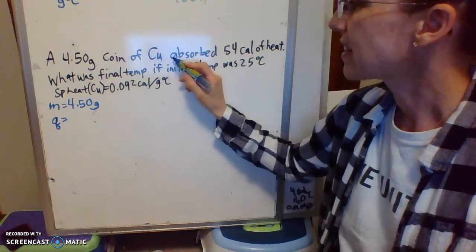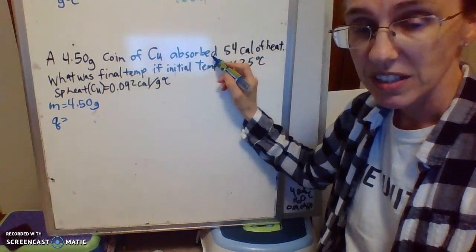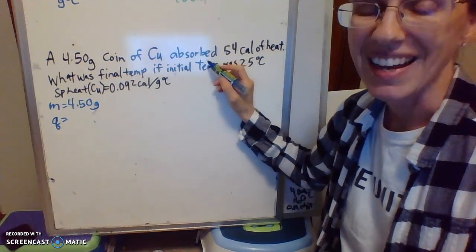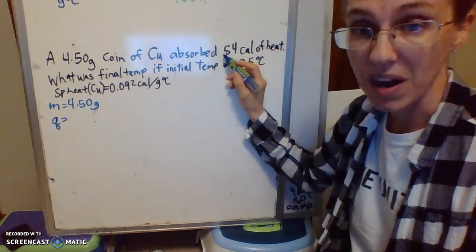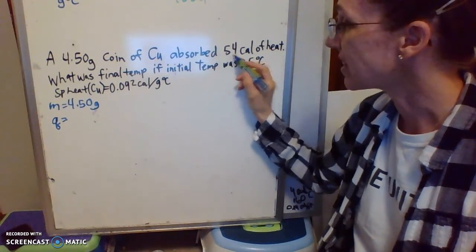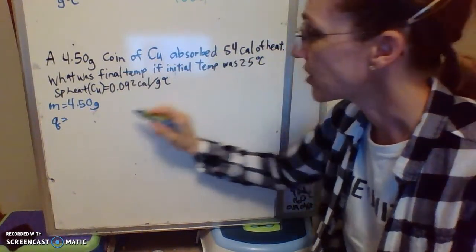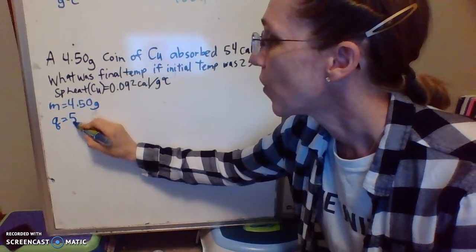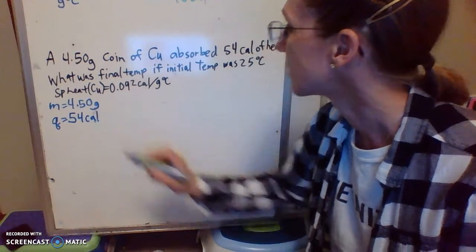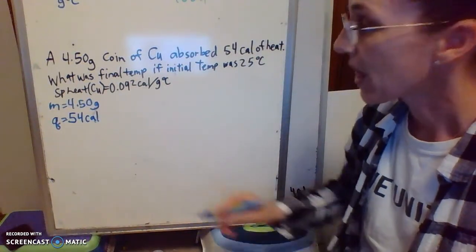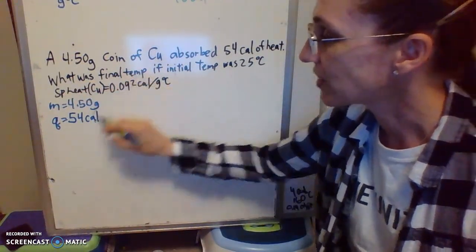And the fact that it absorbs means that it's an endothermic reaction. And so our Q has to be positive. So when I write the Q and I take this out of the words, we are going to say it's plus 54 calories. Okay. Now it asks, what is the final temperature?